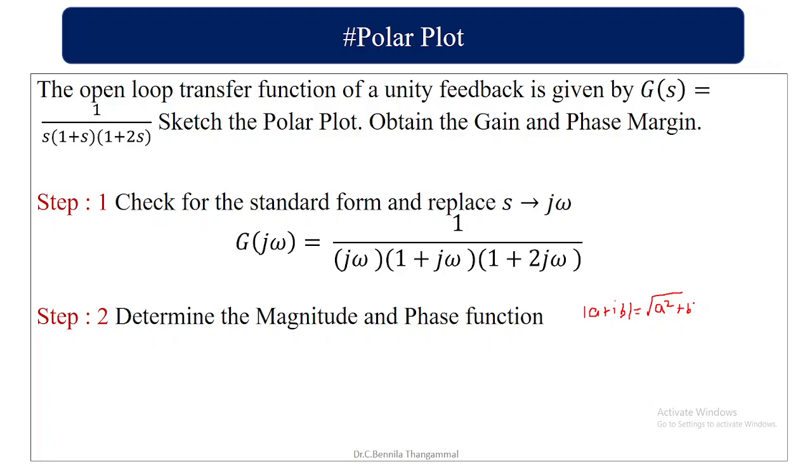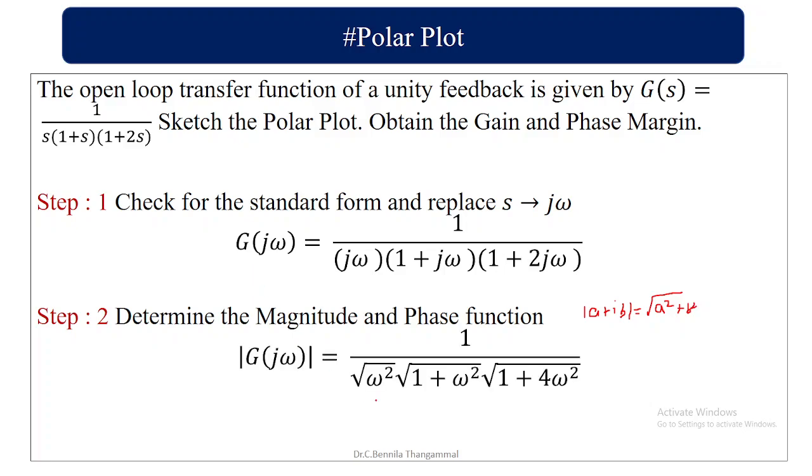Using this formula, the modulus of G(j omega) is 1 divided by the square root of 0 plus omega squared, into the square root of 1 plus omega squared, into the square root of 1 plus 2 omega whole squared, which is 4 omega squared. Since square root of a into square root of b is square root of ab, 1 plus omega squared into 1 plus 4 omega squared is 1 plus 5 omega squared plus 4 omega to the power 4. The square root of omega squared is omega. So this is the magnitude function.